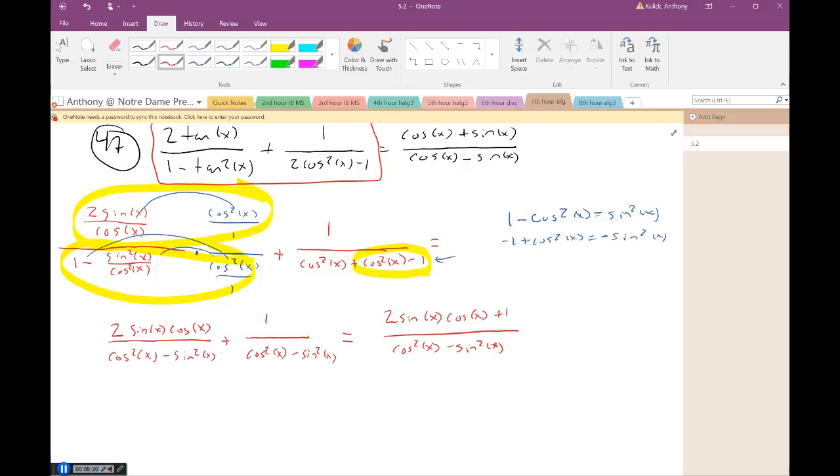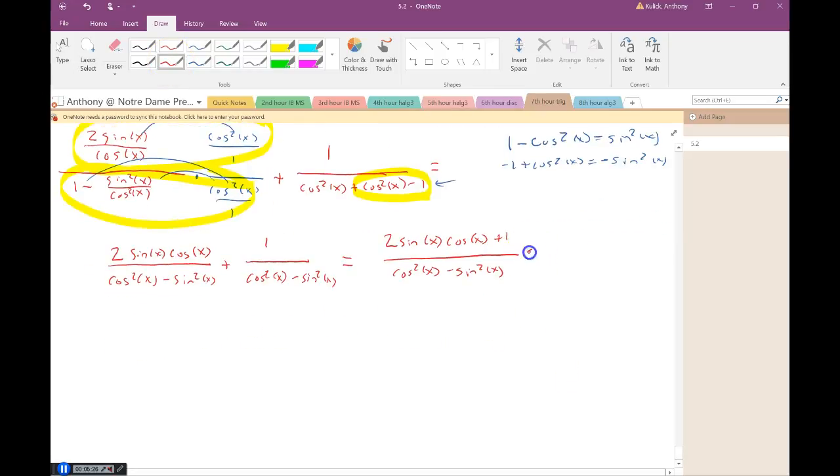Oh, okay, I see what to do. All right. Who's ready to get real sneaky? Here it is. I'm going to rewrite 1 as... What is 1 the same thing as? Sine squared plus cosine squared.